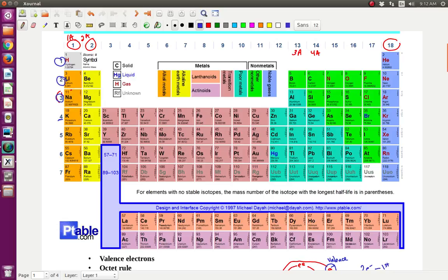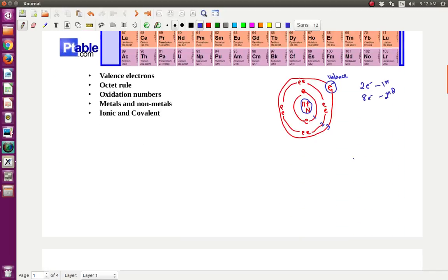Let's go ahead and do chlorine over here. Chlorine, element number 17, right below sodium. All right, 17. So this was sodium right here, Na, and now we're going to do chlorine. Chlorine has 17 protons in the nucleus and some number of neutrons in the nucleus.